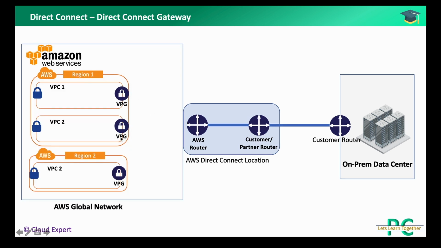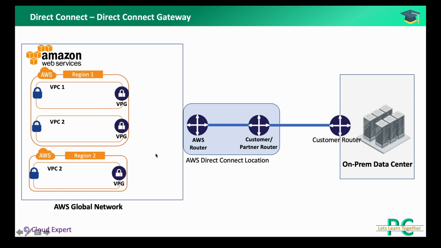Now let's say in this example your workload spans multiple regions, region 1 and region 2, and in every region you may have multiple VPCs. Then how are you going to connect? One point to be remembered here: if you are using a virtual private interface, then you have to create a separate virtual private interface for each VPG. Each virtual private gateway will have a separate virtual interface, which is not a scalable solution in this example.